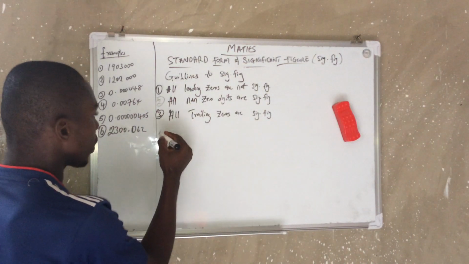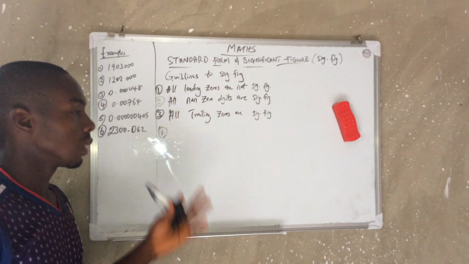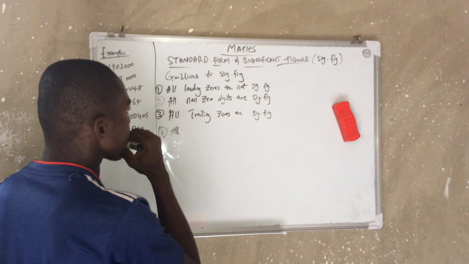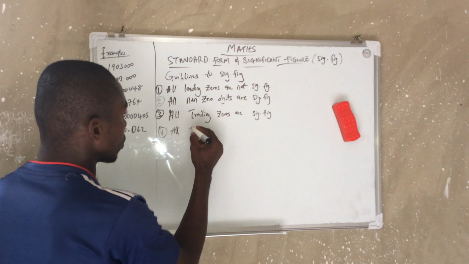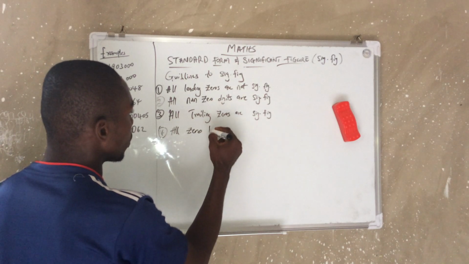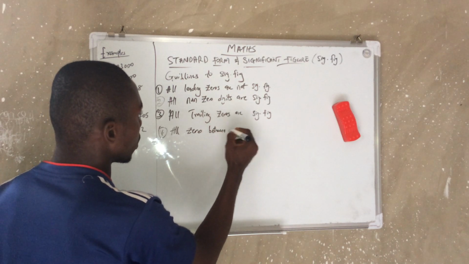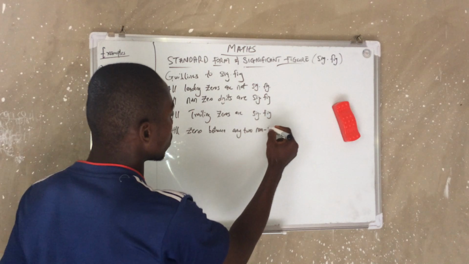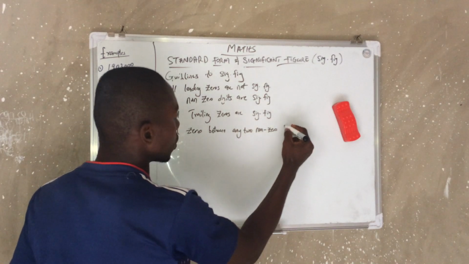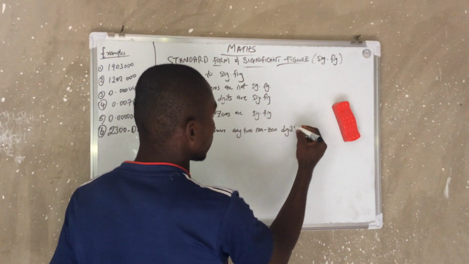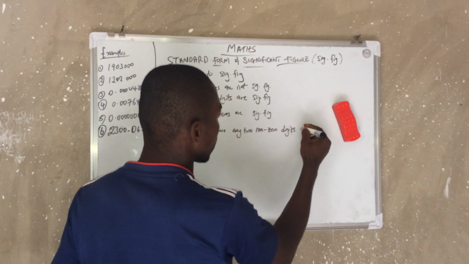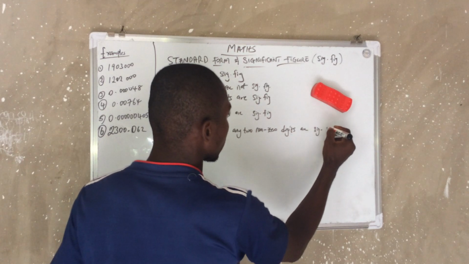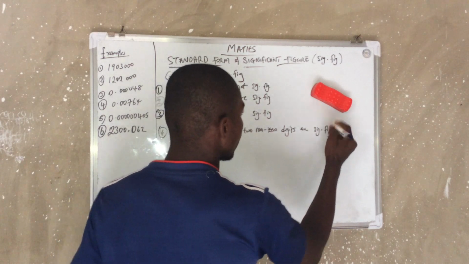So now the fourth one, the one I claimed, is that all zeros between any two non-zero digits are significant figures.